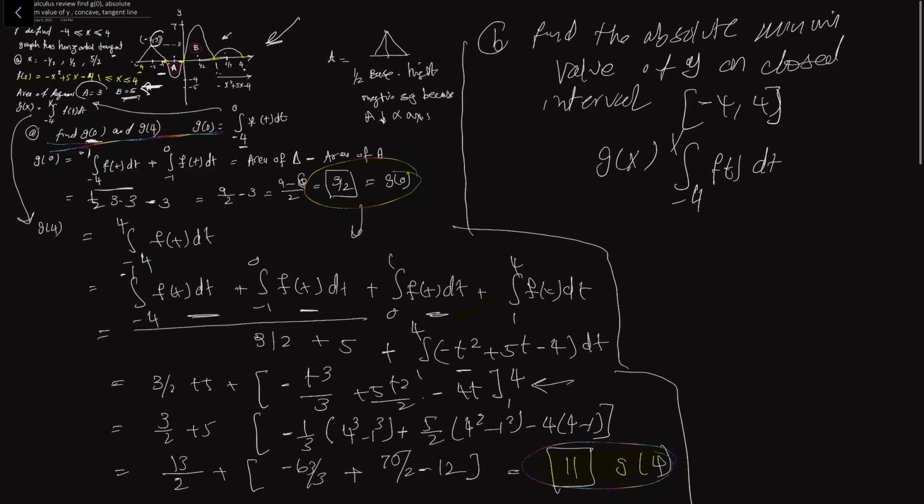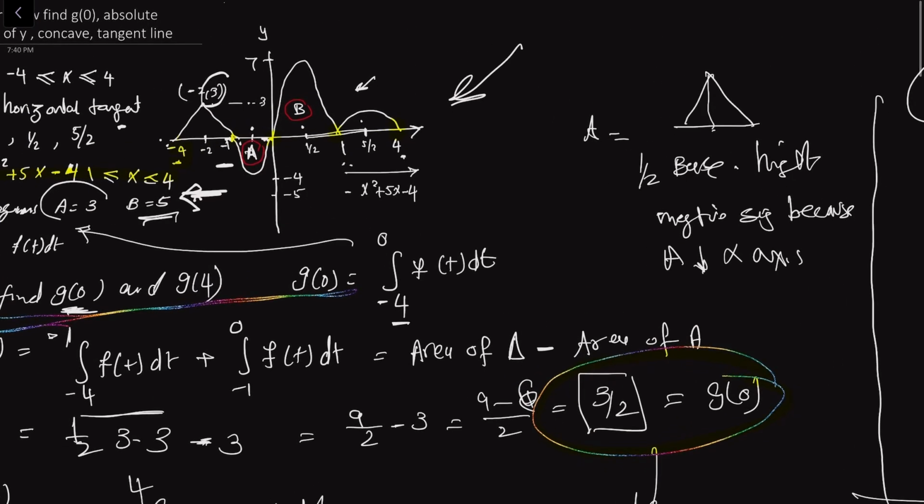The points we're going to check are -4, -1, 0, 1, and 4.